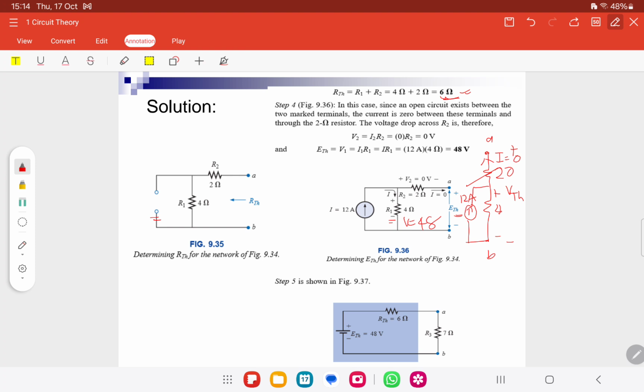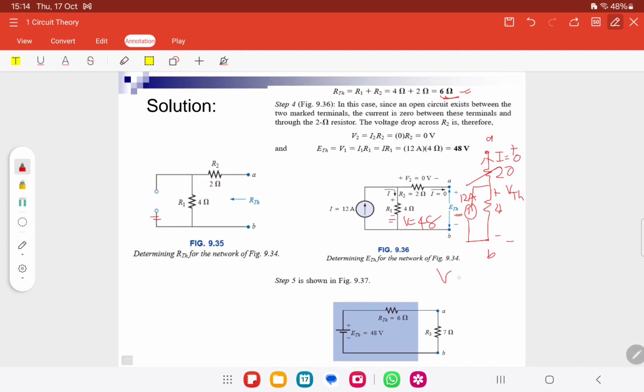Memanglah by default VTH equals to V1 plus V2. Tetapi V2 ni sebab I darab R, I dia ni dah kosong. Yang ni pun akan jadi kosong. So dia cuma tinggal V1 sahaja.